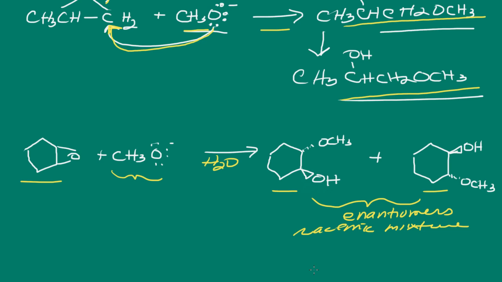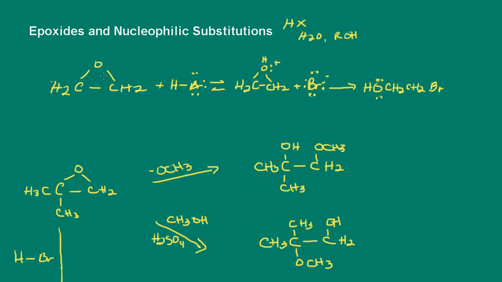Recall that when an achiral reactant produces a product with stereogenic centers, the product will either be a racemic mixture or a meso compound. So now we'll take a look at nucleophilic substitution reactions of epoxides in an acidic medium.